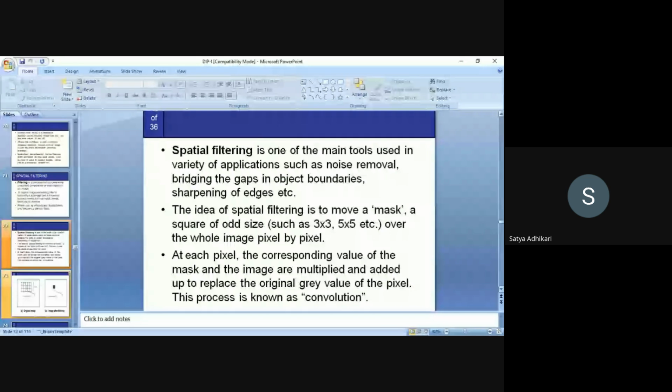First 9 pixels, then the next 9 pixels, and at last we will cover all the pixels of the image. Similarly, if the mask size is 5 cross 5, we have to examine 5 into 5, 25 pixels in one go.